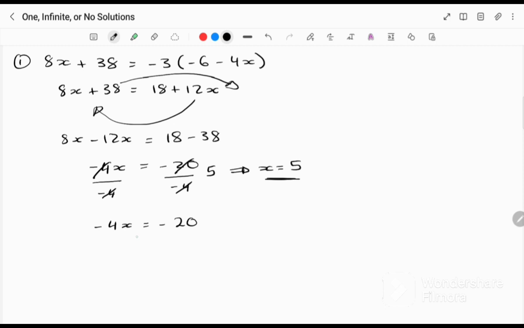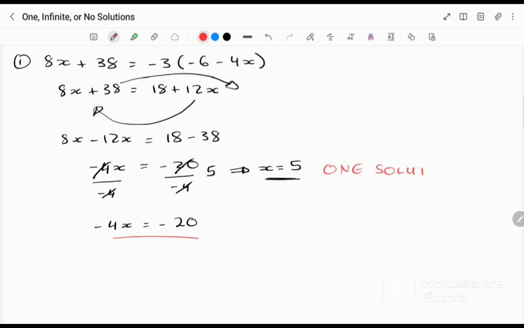Now, if I place 5 here, it gives me negative 20. But if I place any other number, if x was 3, I would get negative 12. If I place 4, I would get negative 16, and so on. So for this condition, when only one number satisfies this equation, you have one solution.